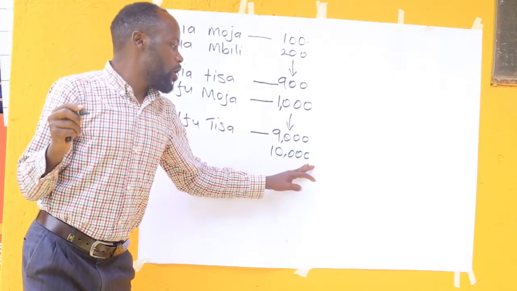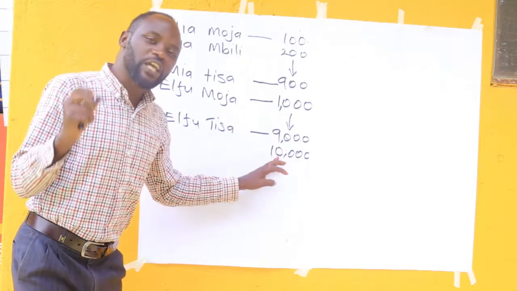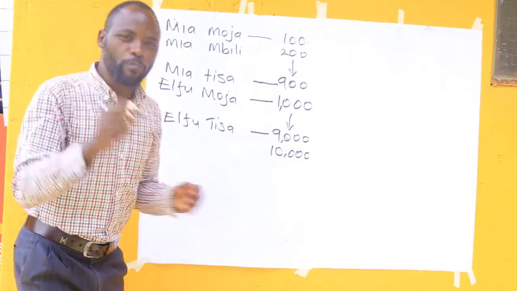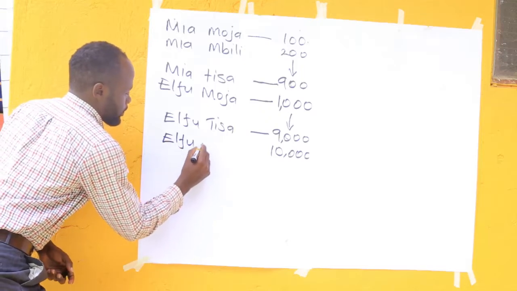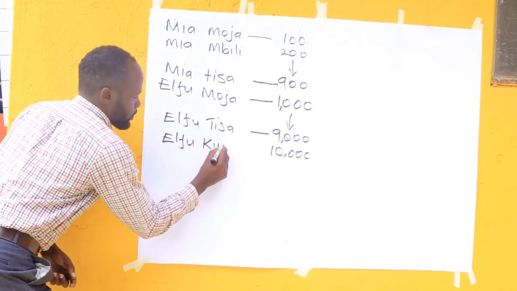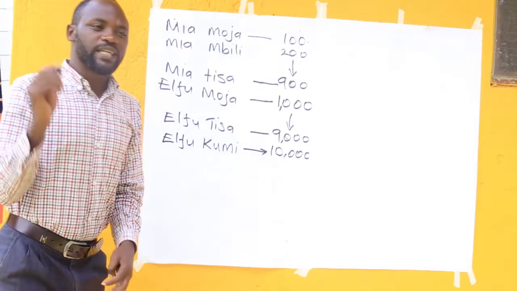So we shall call it, here we are from elfu tisa. Since we have 10 here, it is elfu kumi.